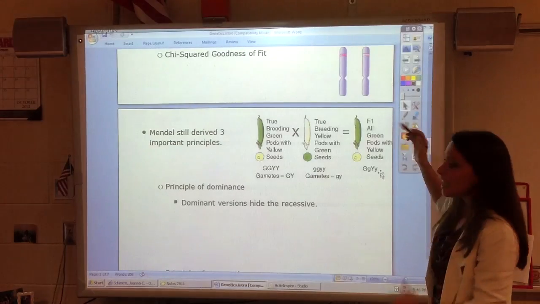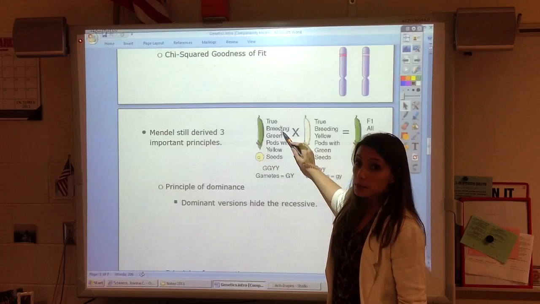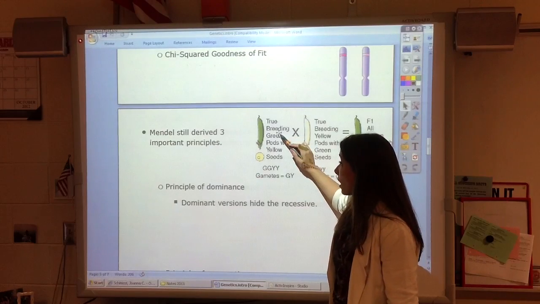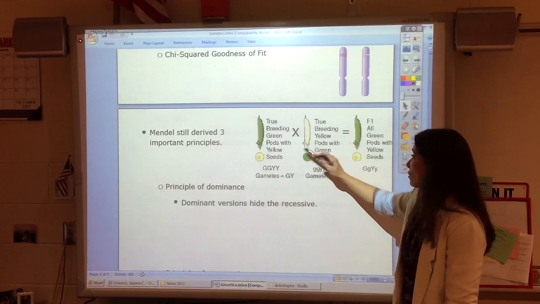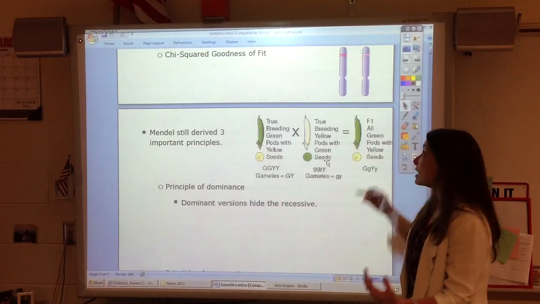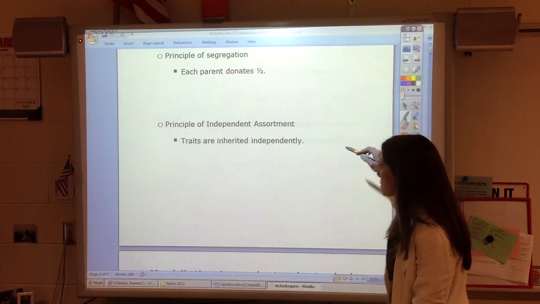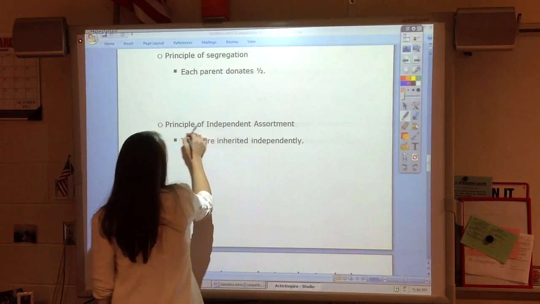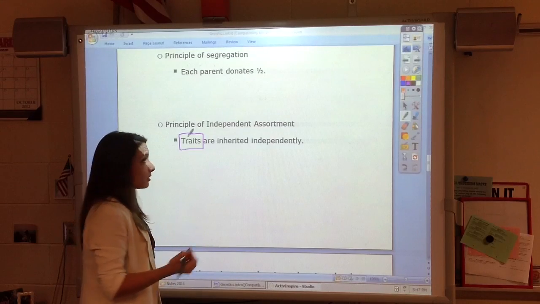And then this last part that Mendel noticed is just because a pea plant had green pods didn't mean it would always have green seeds, that those traits were inherited independently. So the principle of independent assortment is that different traits are inherited independently.